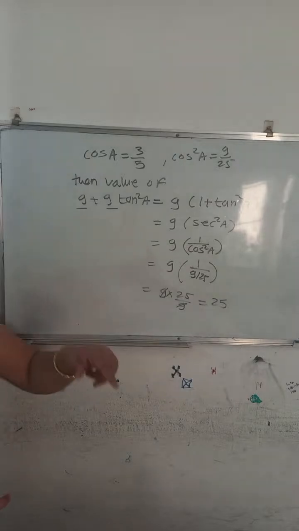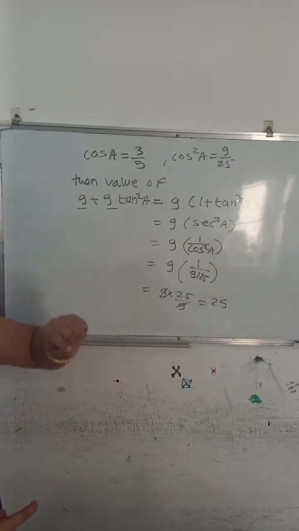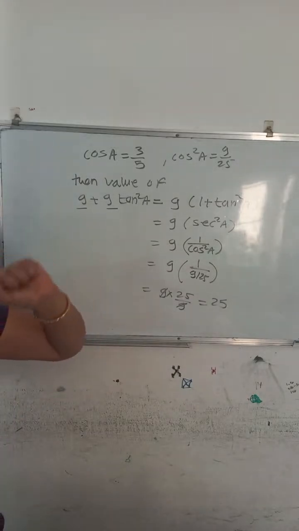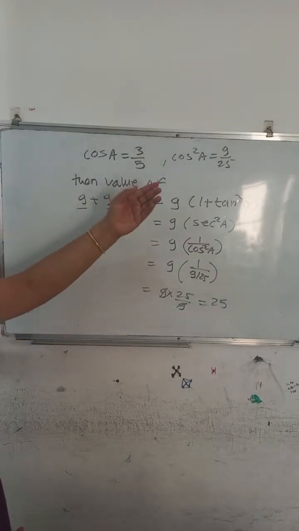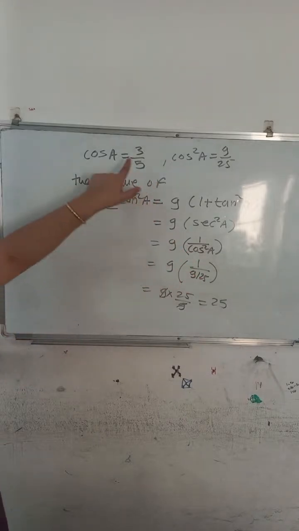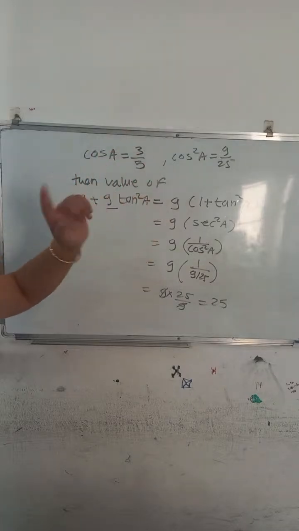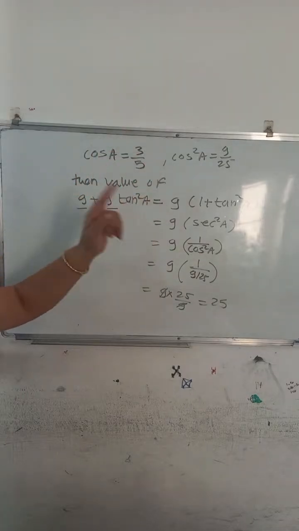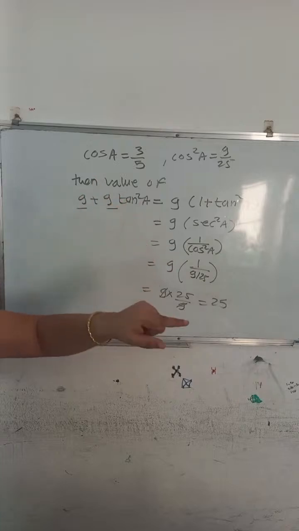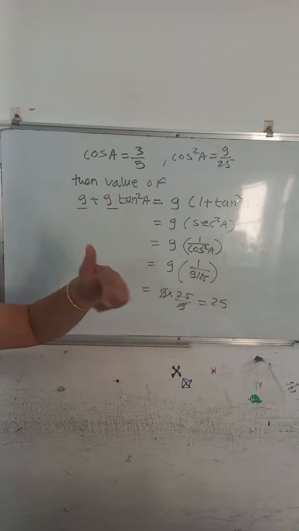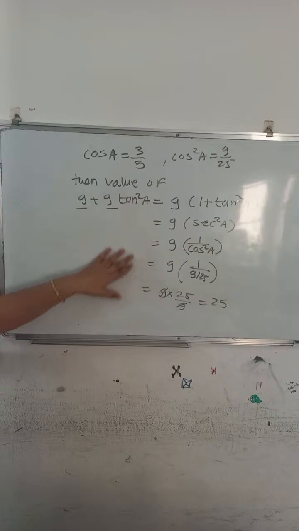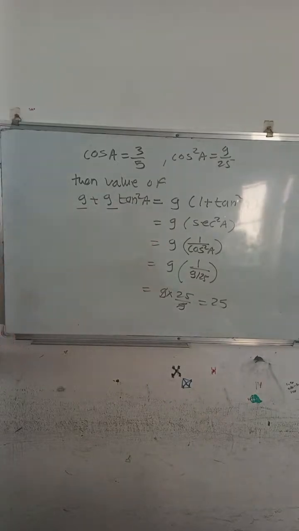In our textbook also we have the same question, but there we got the answer 9. So this is what they changed at last, and here they gave cos A equal to 3 by 5. So once you get the answer, you must learn the identity and substitute. They want to develop your trigonometry, that's why these additional steps are there. Getting this?